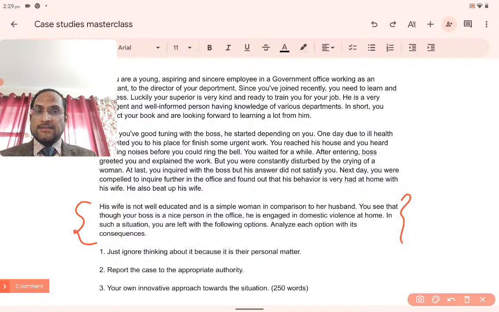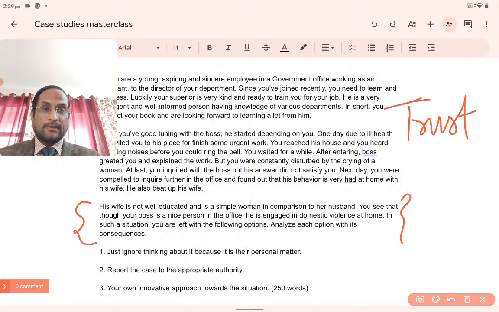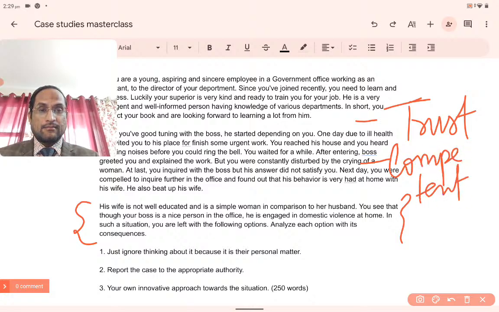So the basic things which you have noted down is that the trust your boss, your superior, has in you is immense. Trust issue. Second thing is he is a competent person. What about the wife? Wife is probably uneducated, so vulnerable.